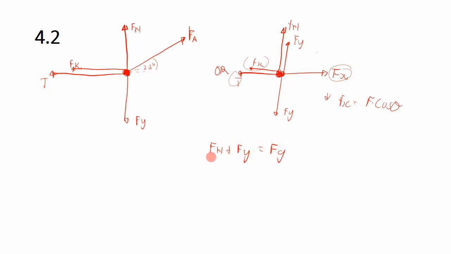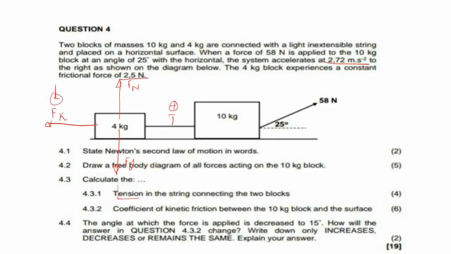So if we are looking for the normal force, we must make it the subject of the formula. Therefore, the normal force is Fg minus Fy, right? Note that whenever we are pulling something, it is always the gravitational force minus the vertical component of the applied force.